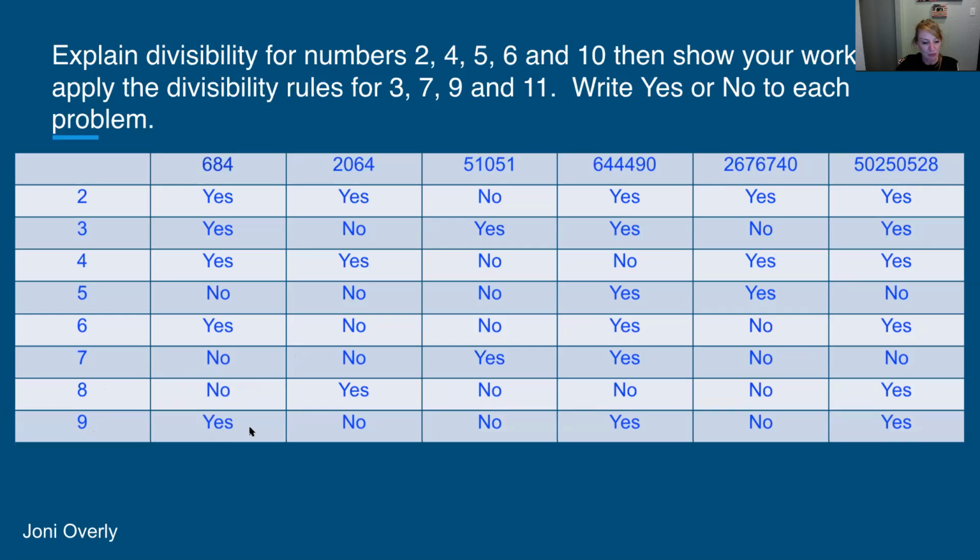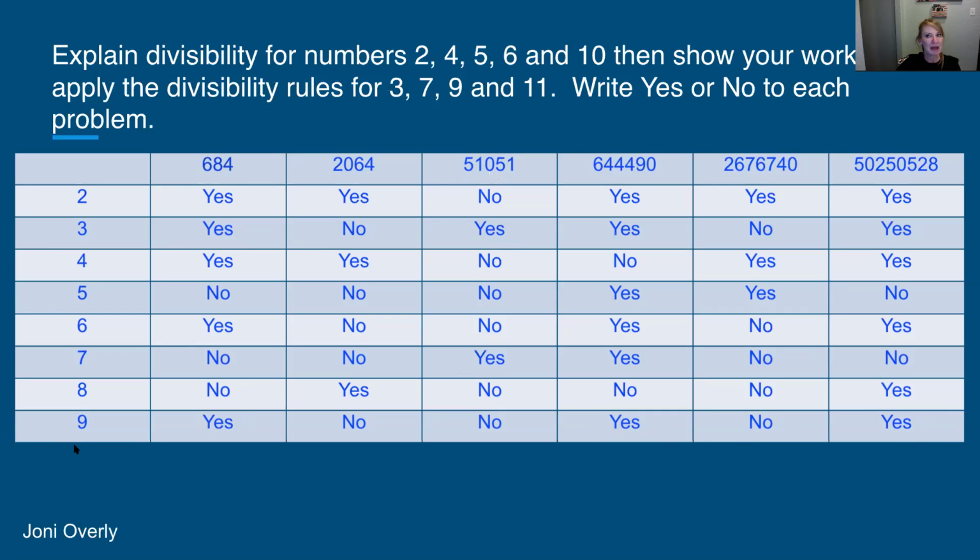So for our table, the only ones that are going to be your 684, but basically all we have to do, since we've already done our divisibilities of our 3s, we know that it's going to be the same exact ones that our 3s were. So the other one is 644,490, and then our very last one. So that's our number 9.